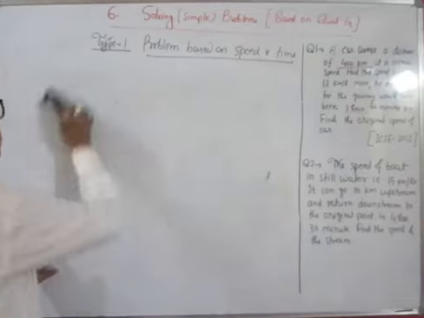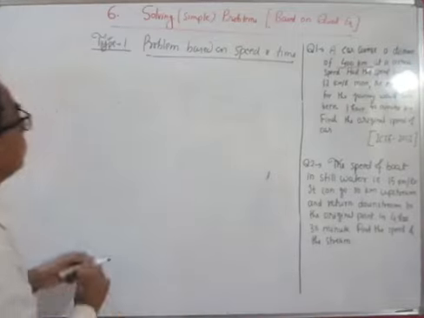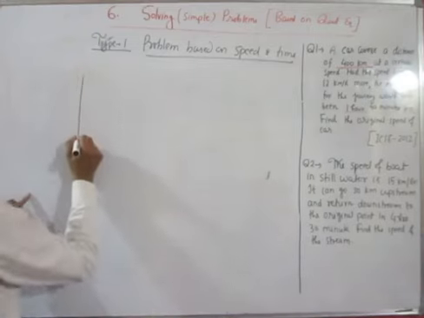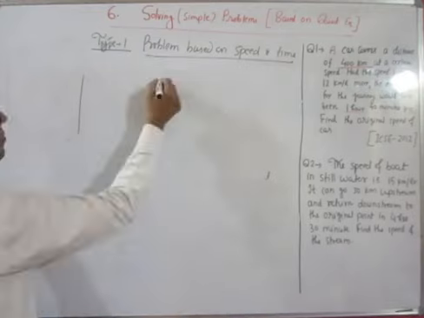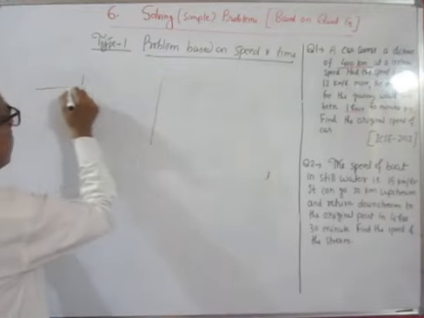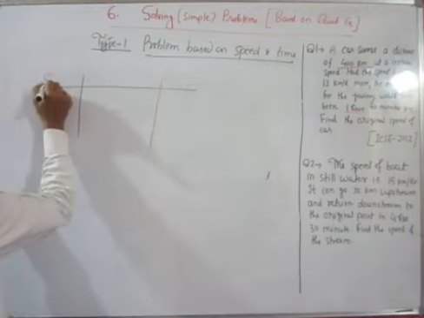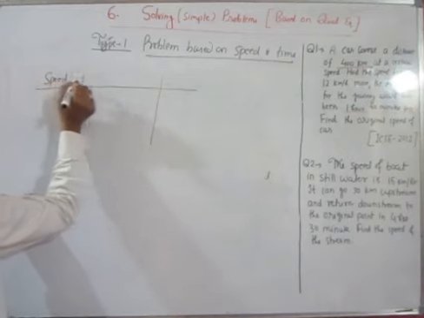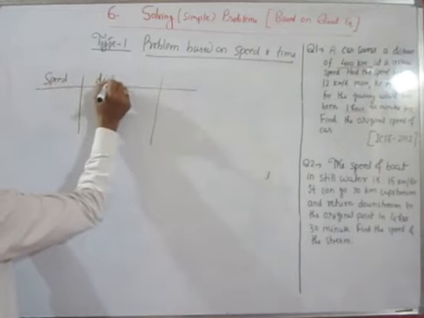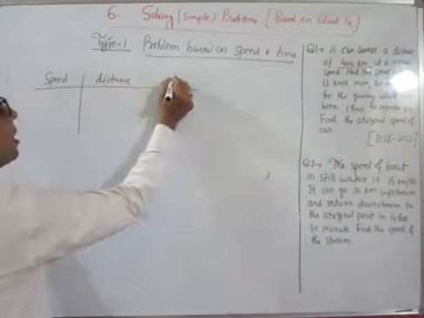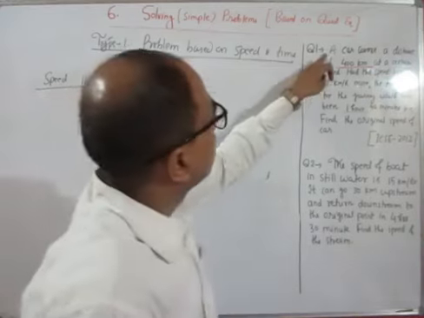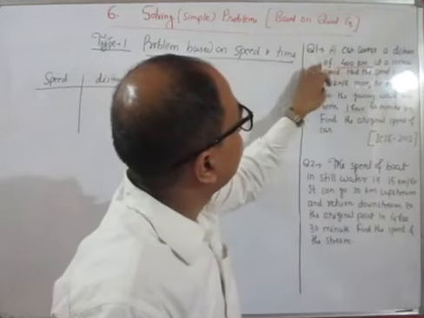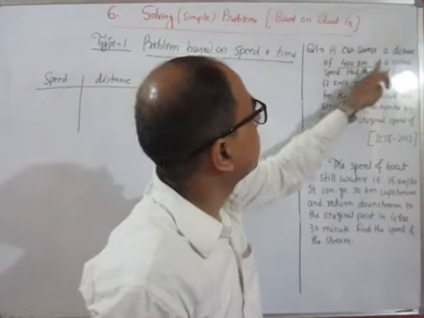So we will make three columns: speed, distance, time. Now a car covers a distance of 400 km at a certain speed.